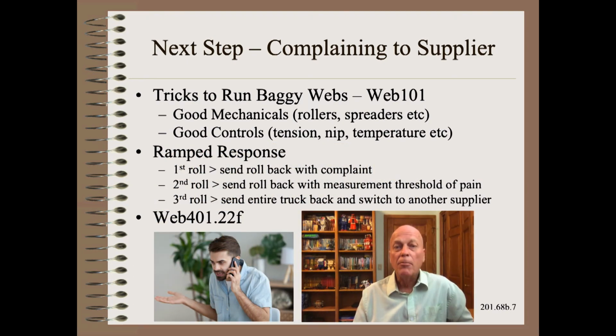I teach how to complain in my Web 201.22f clip. If you are not effective in complaining, or the supplier is not responsive, or if this is beyond your pay grade, you can expect to suffer from bagginess forever.